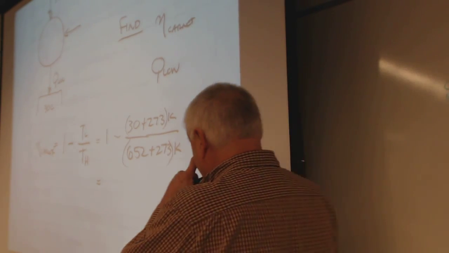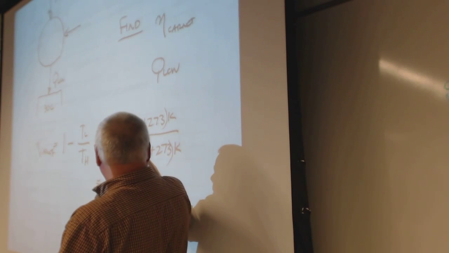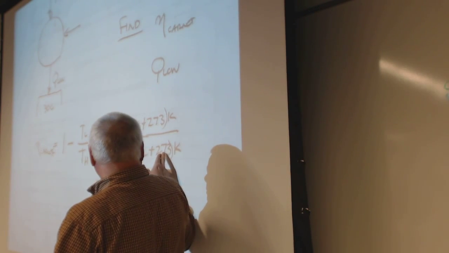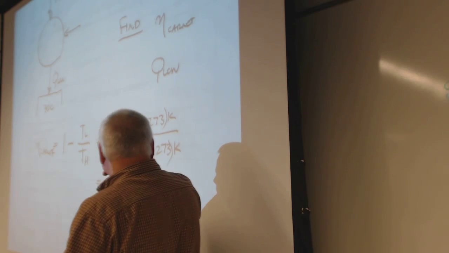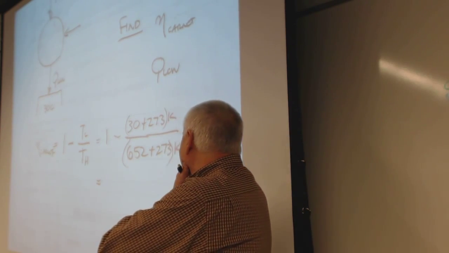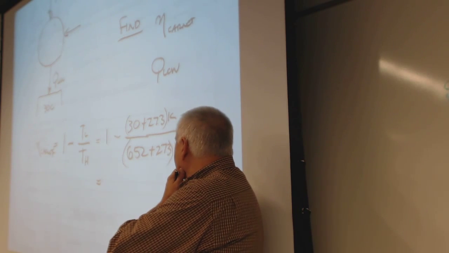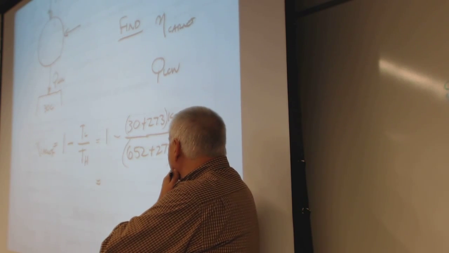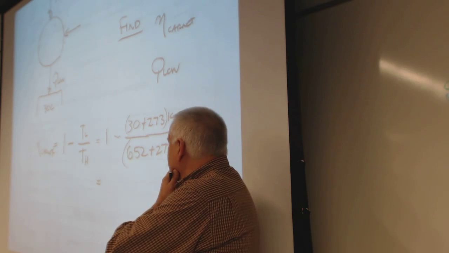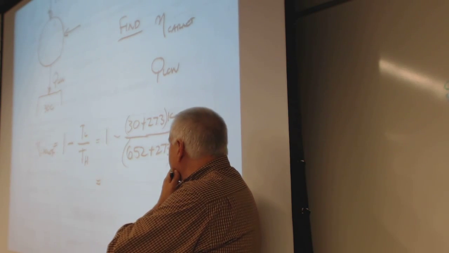So 652 plus 273 is 925. So 303 divided by 925.